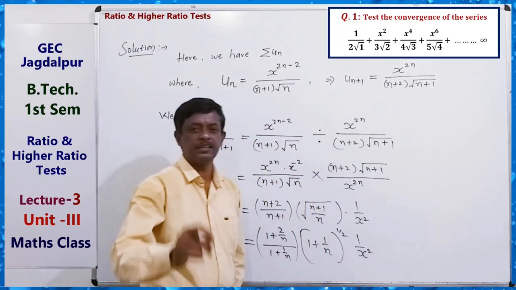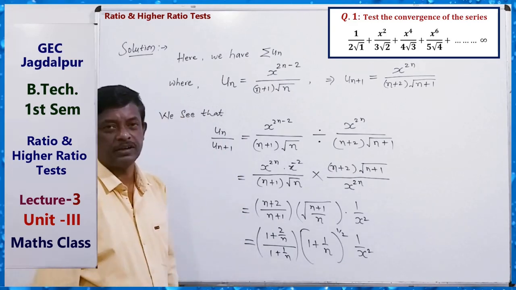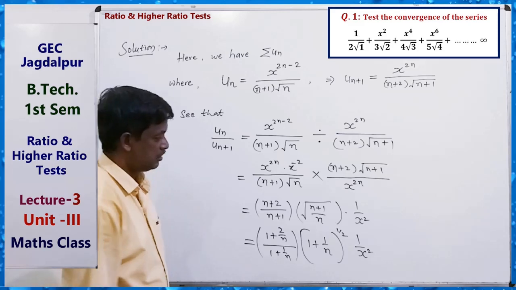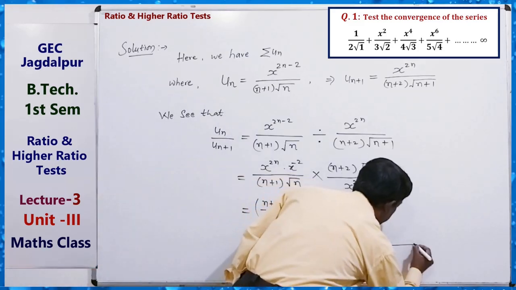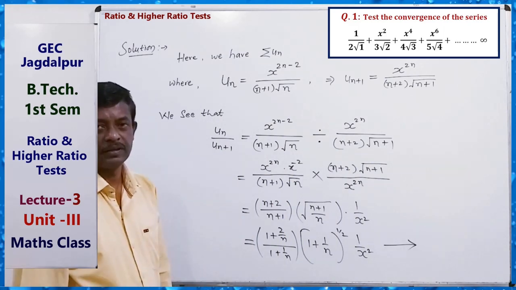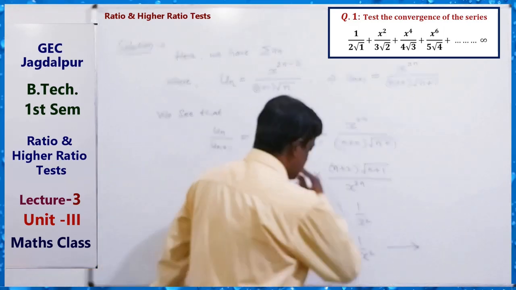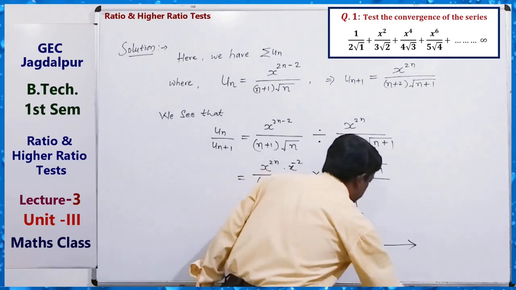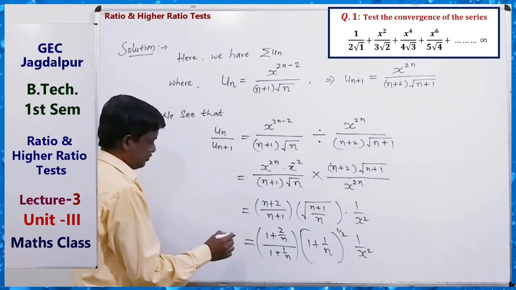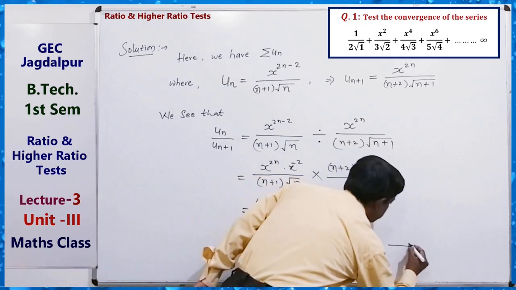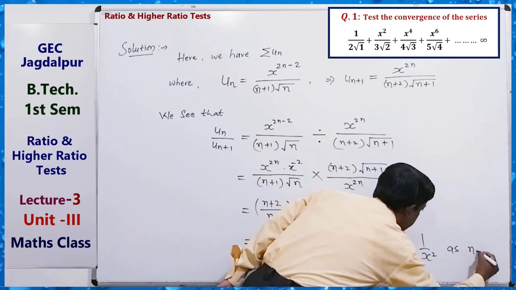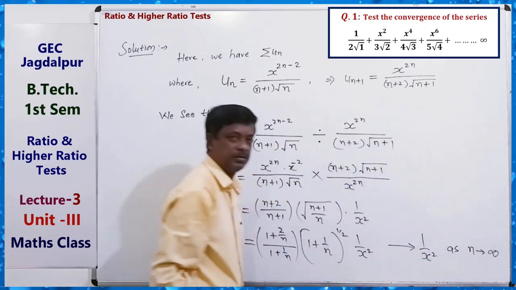So it is clear that its limit will be what? 1 by x square. This tending to, means what? Its limit. Okay. So its limit is equal to, after this line you can write like this also, 1 upon x square as n tending to infinity.